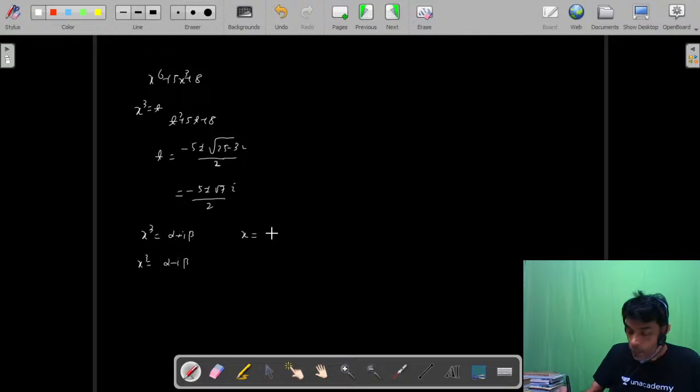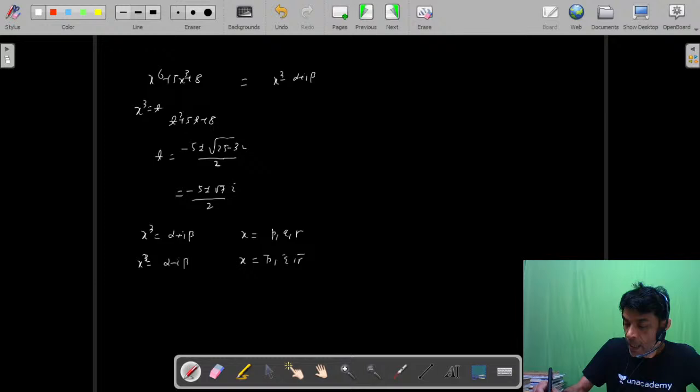Name the cube roots, as I said, p, q, r. They are the cube roots. Name them p, q, and r. From this you will get p, q, r. You understand? From the other you will get p bar, q bar, and r bar. So I can write this as x cubed minus (alpha plus i beta), and x cubed minus (alpha minus i beta).